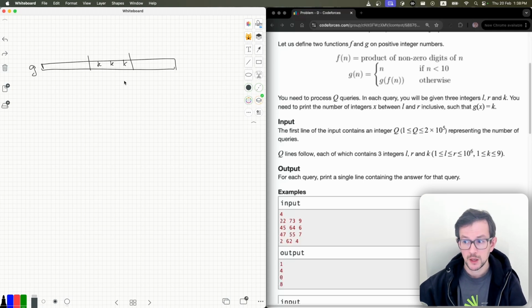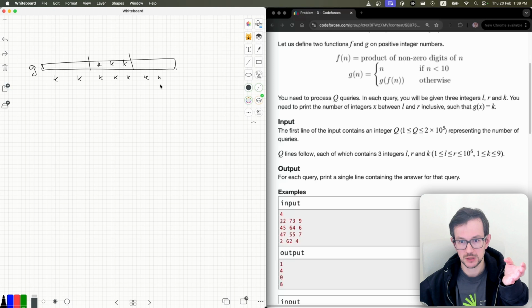So one way to solve this problem is quite a well-studied one. Sometimes you need to calculate the number of something in a segment. You can use, for example, the following technique. For each value k, you can maintain the set of all positions with value k. You can put all different values in different containers.